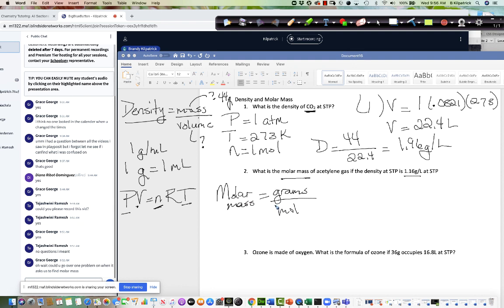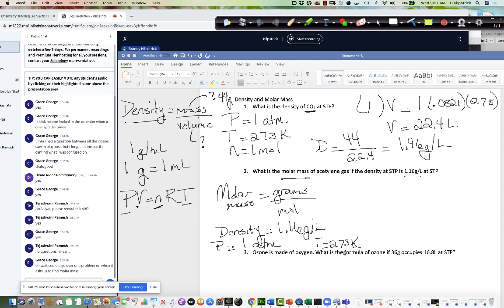So let's see what I do know. I do know the density. My density is 1.16 grams per liter. I know it's at STP, so I know my pressure is 1 atmosphere. And I know my temperature should be 273.